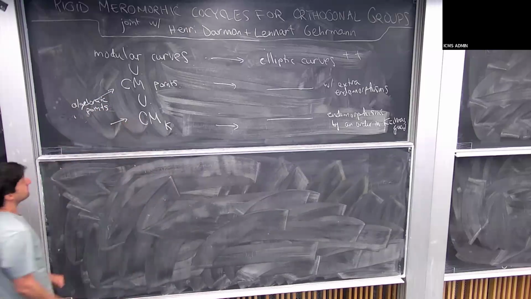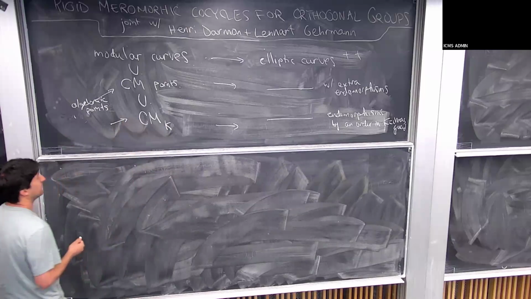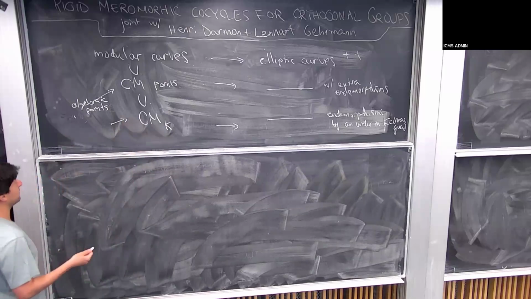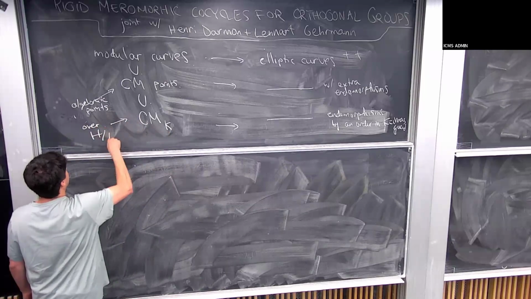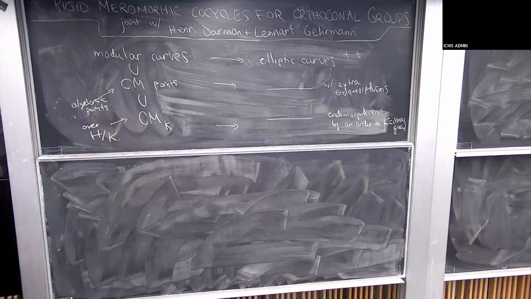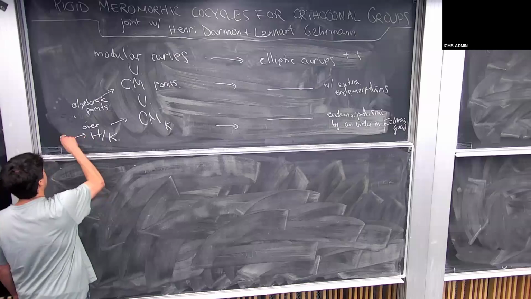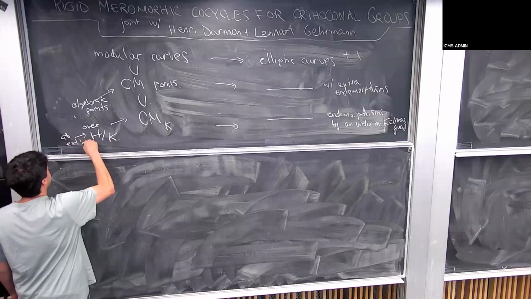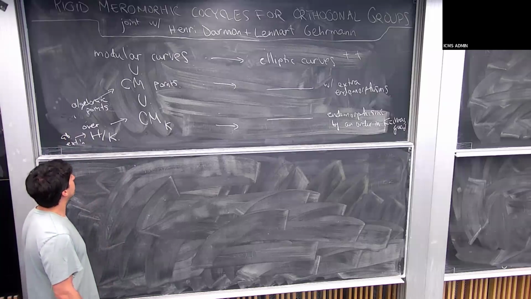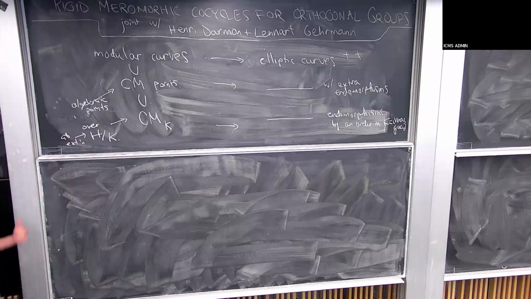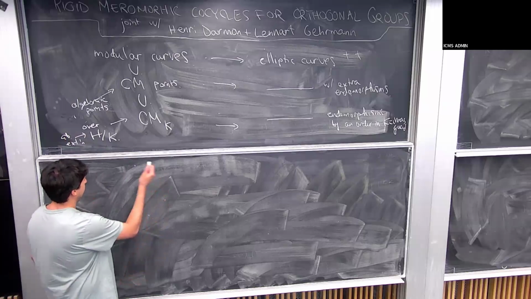And if you look at this collection of points that have complex multiplication by an order in K, these are algebraic points over some H over K, which is an abelian extension. And this is the only systematic collection of algebraic points that we know on modular curves.